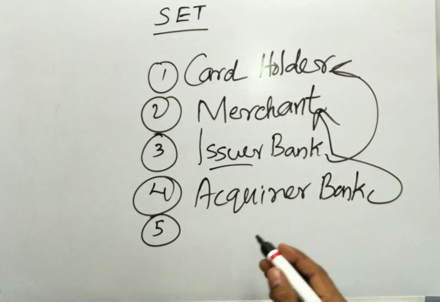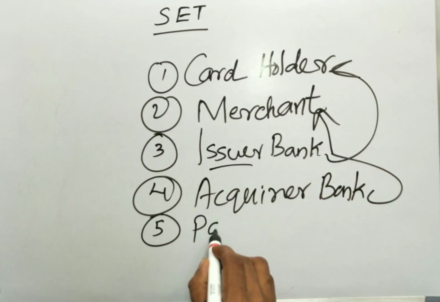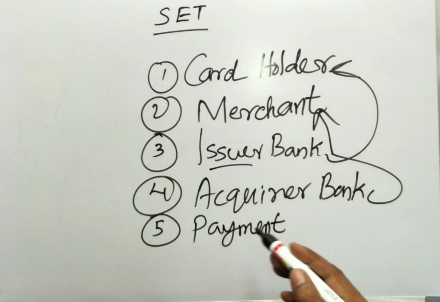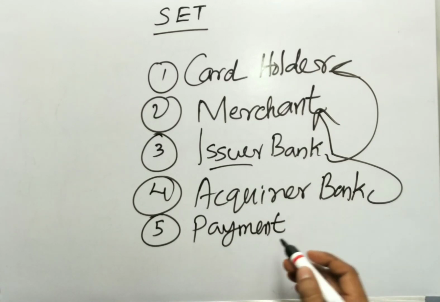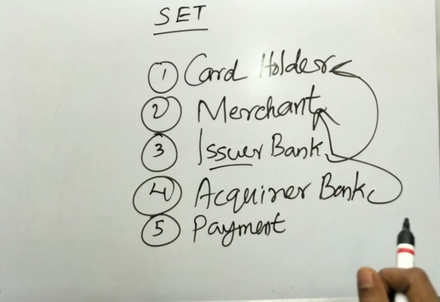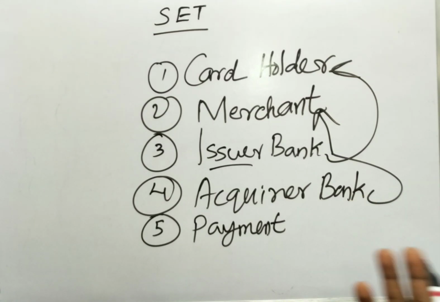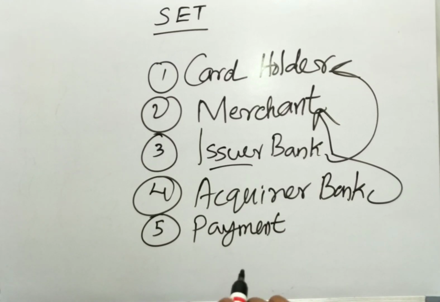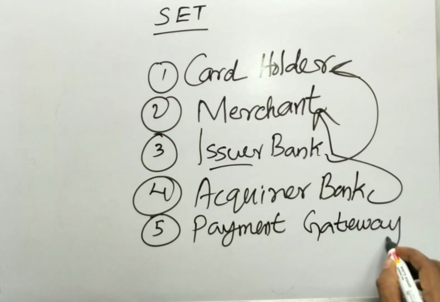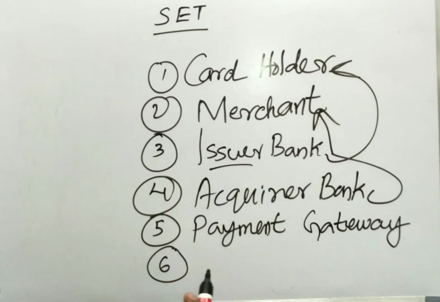The next one is the payment gateway. Like RuPay, Visa, MasterCard, Maestro, they provide a payment gateway, and individual banks in India also have their own payment gateway, like Federal Bank, SBI. The payment gateway's duty is to verify and process the transaction.